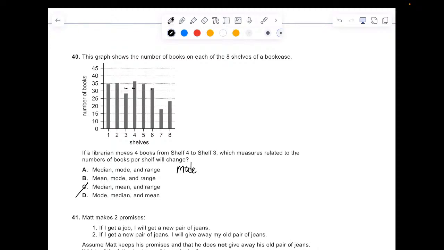Let's see, before the median was, get rid of the smallest, tallest, the next smallest, the next tallest, next smallest, next tallest, okay. So we're going to be stuck between 1 and 6.